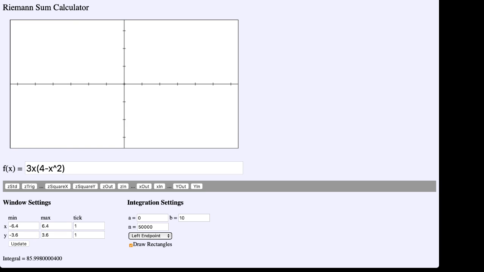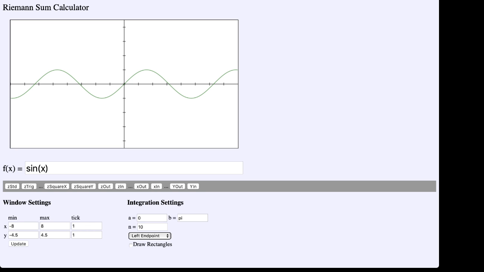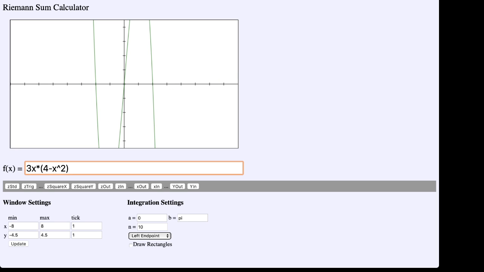Let me standardize my zoom. For some reason this isn't doing it. Try that again. 3x times 4 minus x squared. It doesn't like the fact that it wants a... There we go.